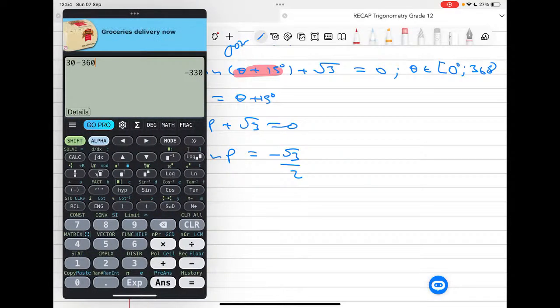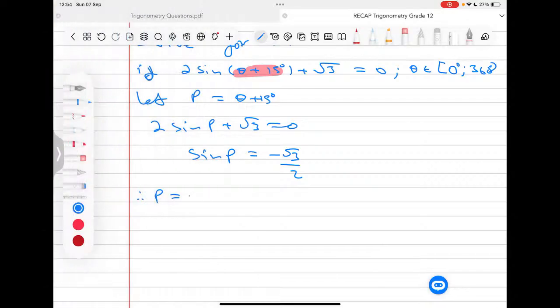So we're going to take the sine inverse of √3 over 2, and this gives me negative 60. So it means I'm going to have a negative 60 degrees plus K360, right? We're having a K360, and we have to then put this condition to say K is an element of real numbers.